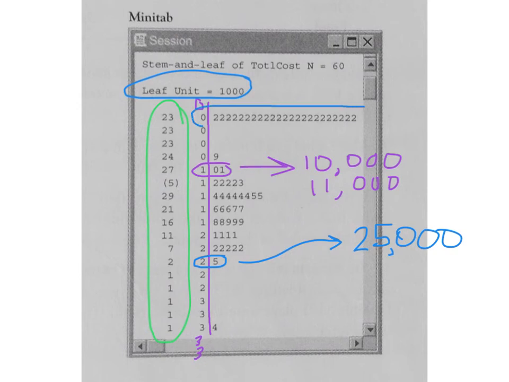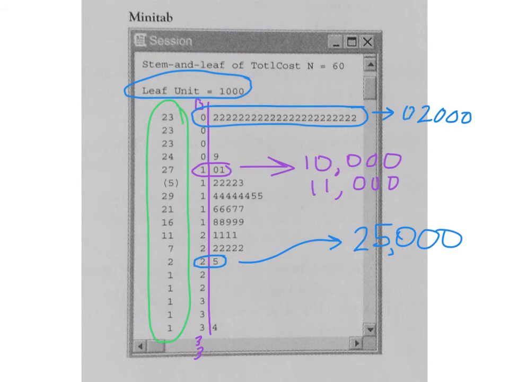Let's talk about this row here, and then I'll get to this green part that I know you've been wondering about. So these values are not represented in the table. These are actually the 23 community colleges that were discussed in the wording of the problem. So following the same format, the 2s being in the thousands place would mean they represent 2,000.